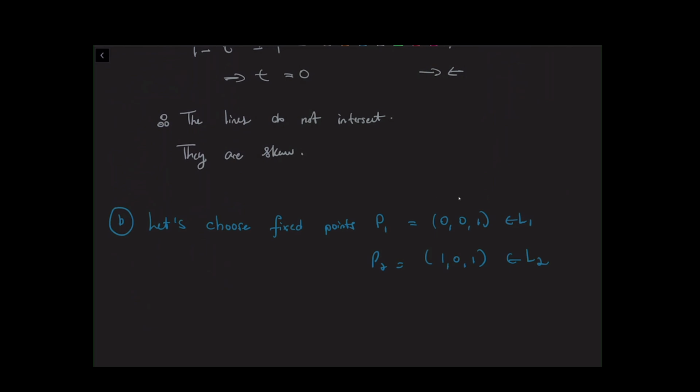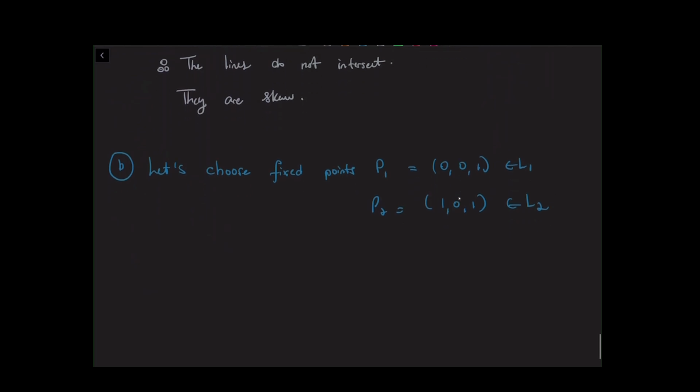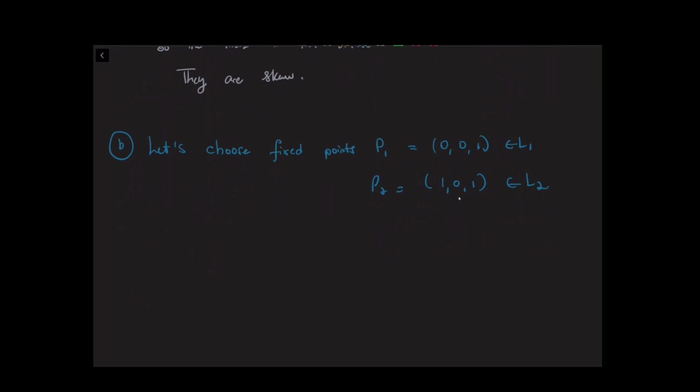So now I have 2 points here. So find R, which is my vector. R will be equal to P2 minus P1. If I subtract these, I will get 1, 0, 1 minus 1 is 0.